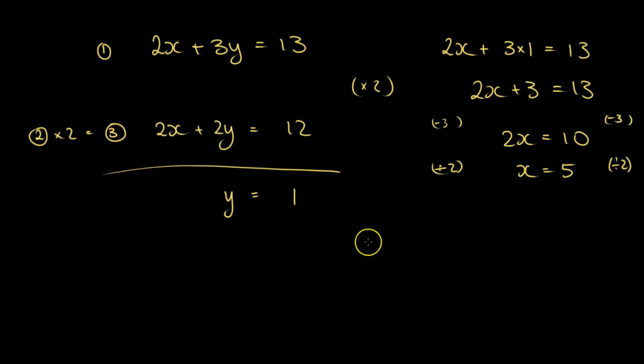So you might be thinking, well, why is this the case? Why do I get a pair of solutions for x and y? Well, let's think about what we're dealing with here. We're dealing with equations with x and y in them, and you might have seen before that we can use something that looks like this.